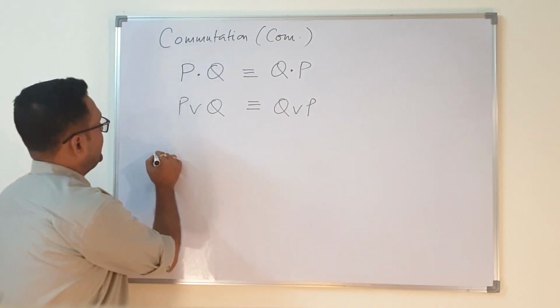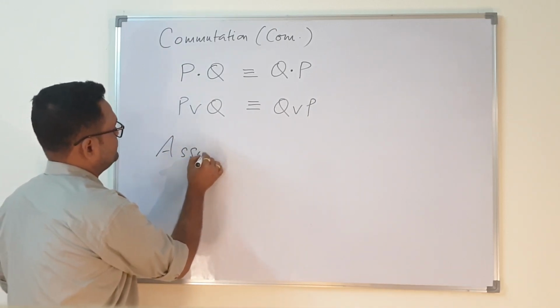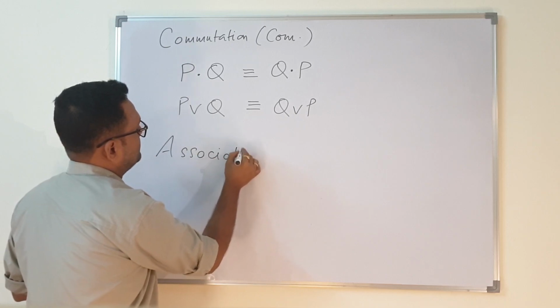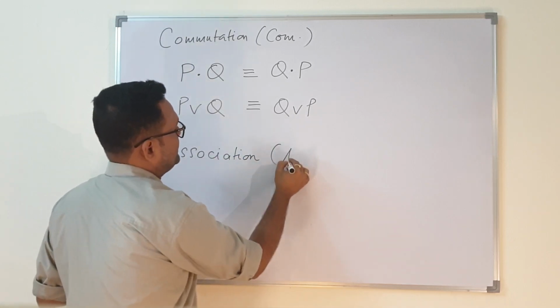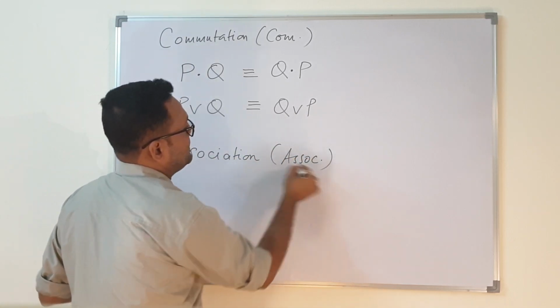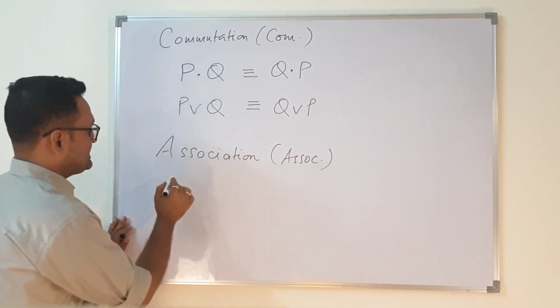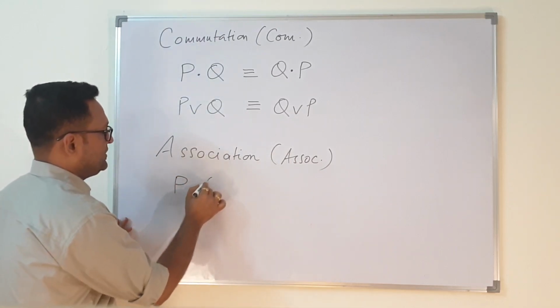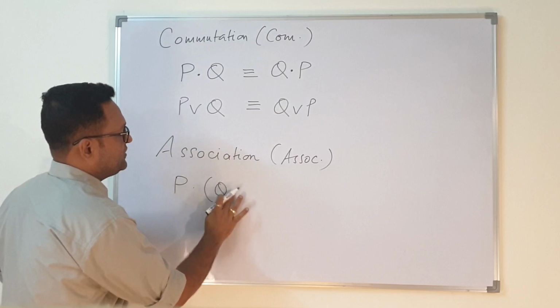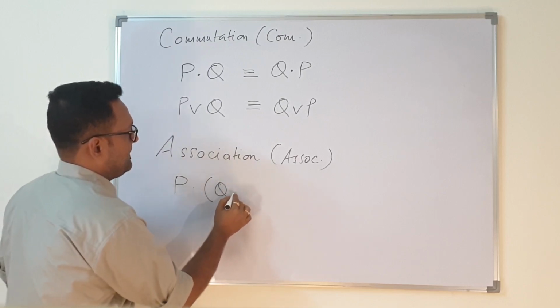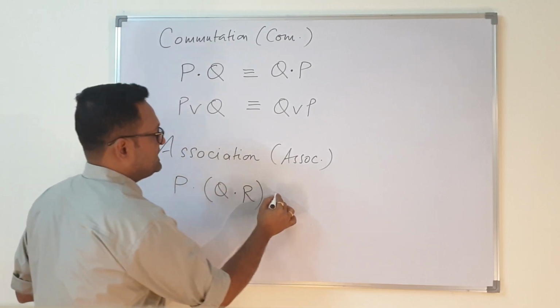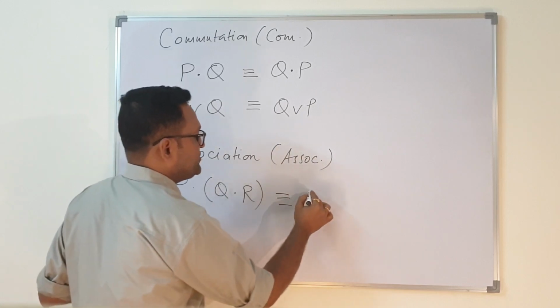Next, let us take association. For association, you can write the short form as ASSOC. It says that P dot (Q dot R) is equivalent to (P dot Q) dot R. So you see the position of the bracket will change here.